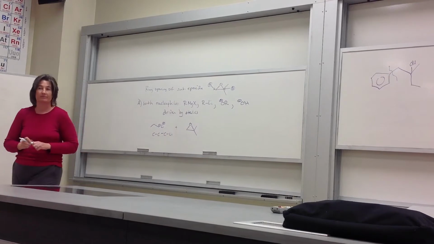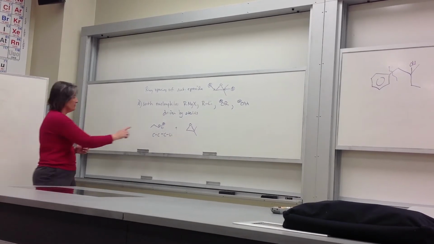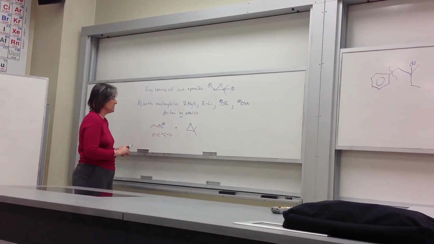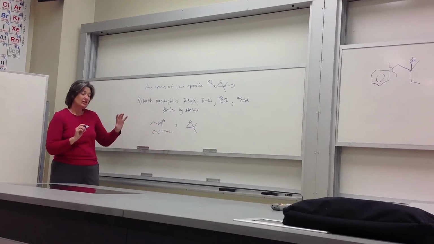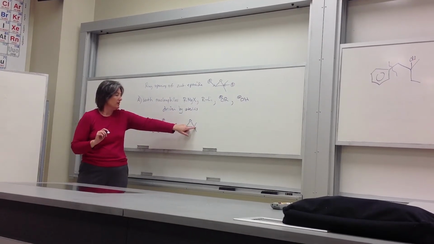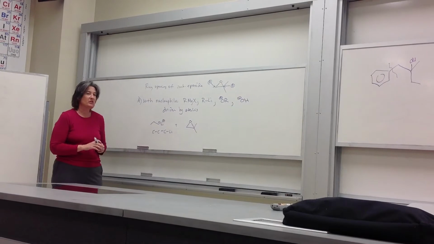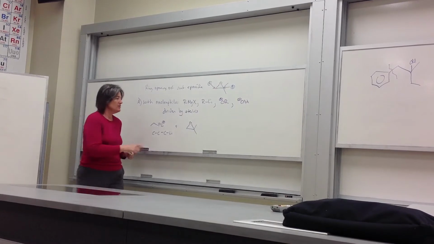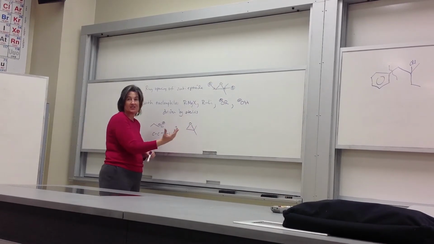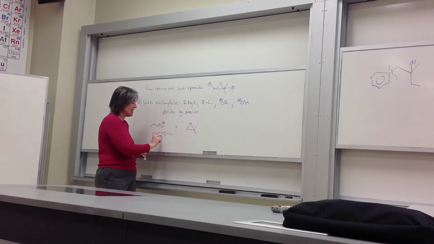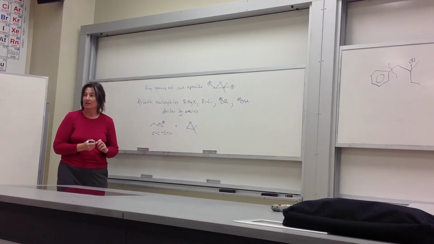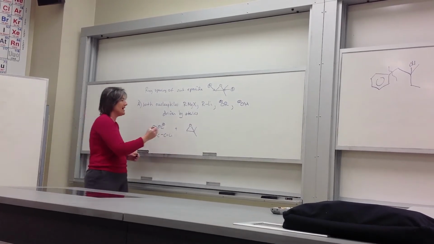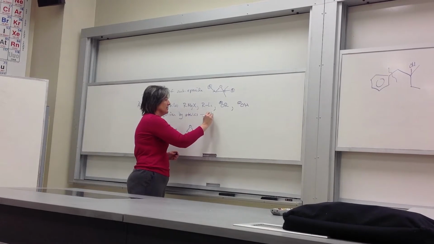I add that to it. There are two places it could attack, here or here. And in terms of the delta plus on the carbon, they're both essentially equal. The oxygen isn't really pulling any more from that side than that side. What's going to drive this is where it's easier to get in. And they are going to attack the least hindered carbon.